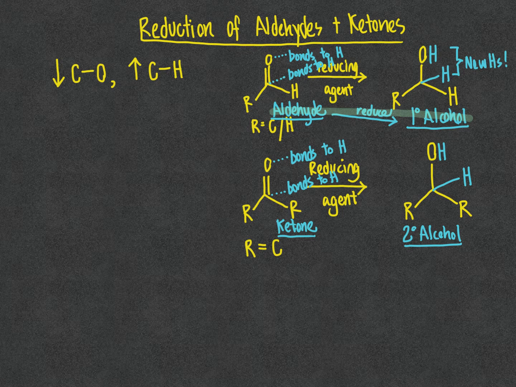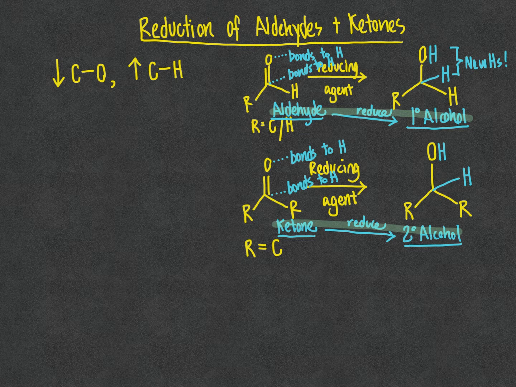In contrast, the product of reducing a ketone will always be a secondary alcohol. So we can remember this as general rules where if we start with a ketone functional group, we reduce it, we create a secondary alcohol. Aldehydes get reduced to primary alcohols.